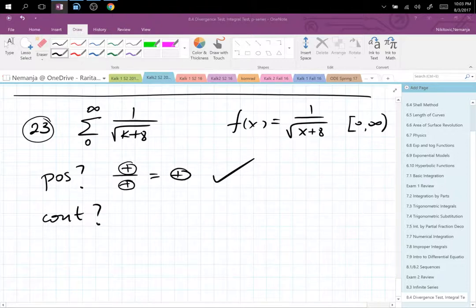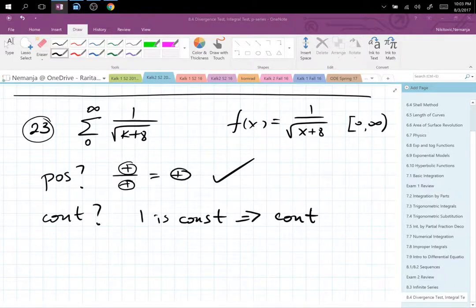Yes, because we know that 1 is constant, therefore continuous. And then you have a composition of 2 continuous functions is continuous.